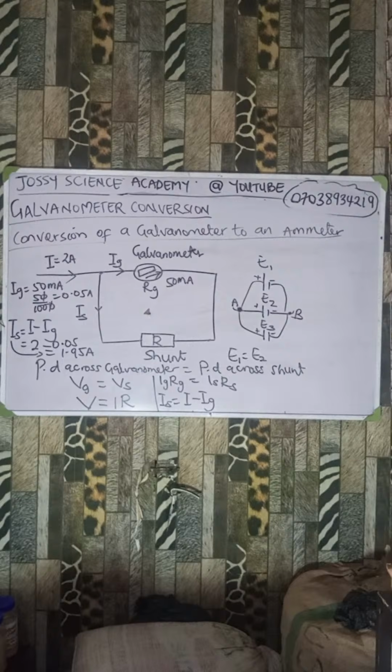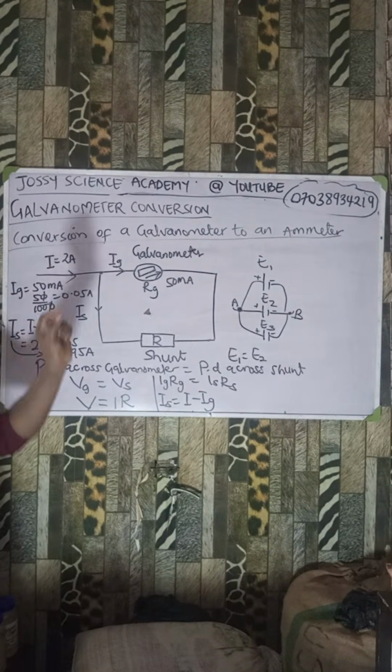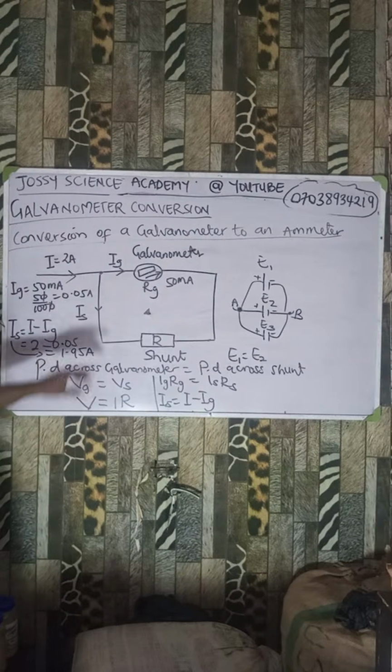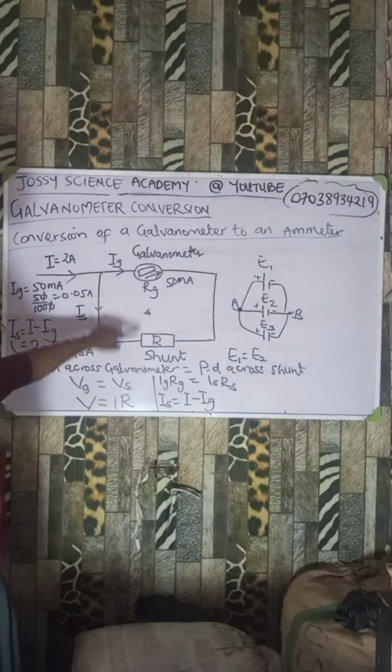Okay, let me re-explain. I said that this galvanometer is doing the work of what? Ammeter, only if we connect a low resistance wire called a shunt, which must be connected in parallel with the galvanometer.